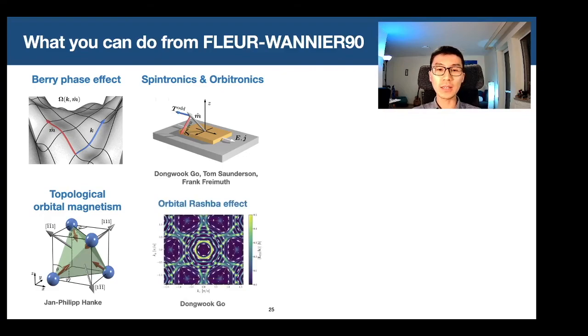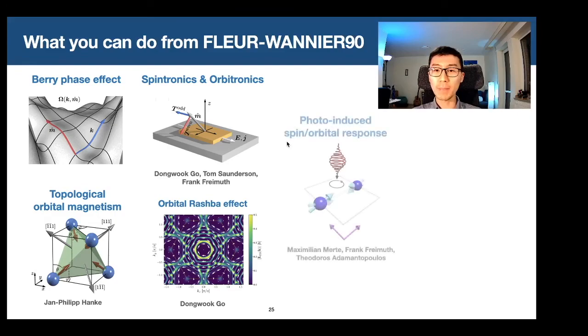We can also study surface states like the orbital Rashba effect. A few people like Max Merte, Frank Freimuth and Theodoros are working on photo-induced effects like photocurrent or photo-induced spin response and orbital response.